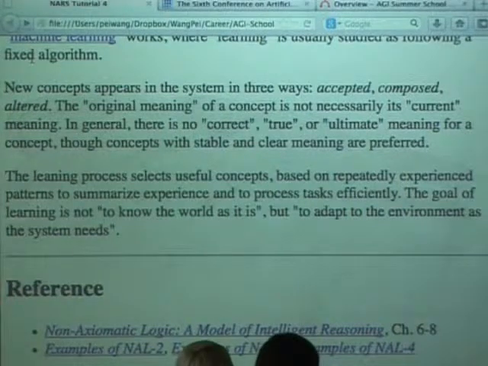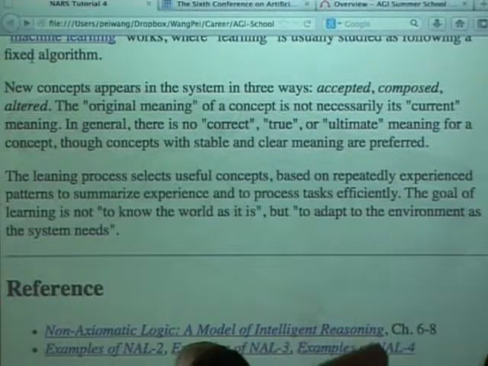Okay. For example, the same thing is categorization, right? There is no separate module which creates concepts, evaluates concepts, and changes concepts, and so on, because everything is done by the same thing. But you can still talk about categorization. You can talk about where new concepts come from, how a concept can change its meaning gradually, how the meaning of a concept depends on the context of the system.